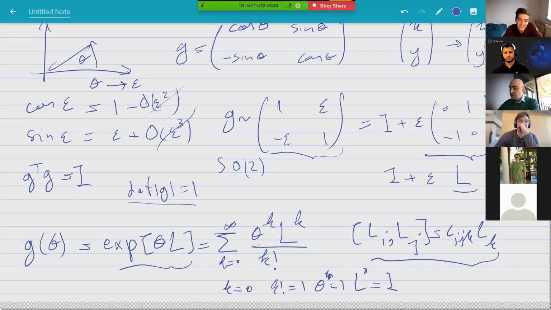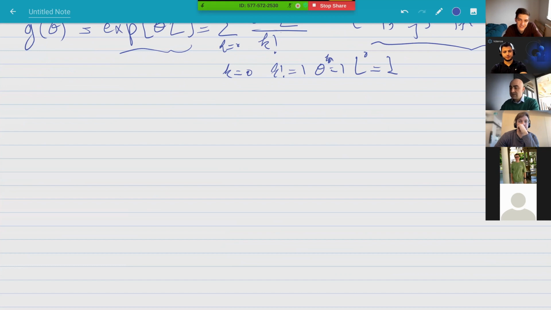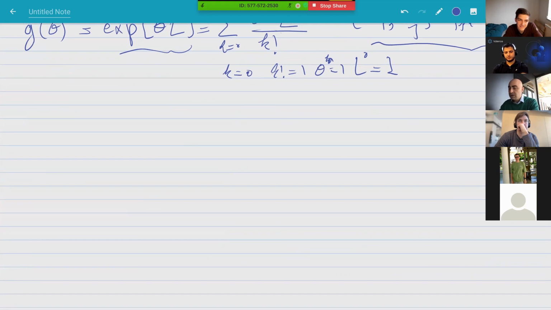And just one last thing about the Lijk, I'm going to give you a teaser for the group of rotations in 3 dimensions, which is the special orthogonal group in 3D: 3 by 3 matrices satisfying G transpose G equals identity and determinant of G equal to 1.